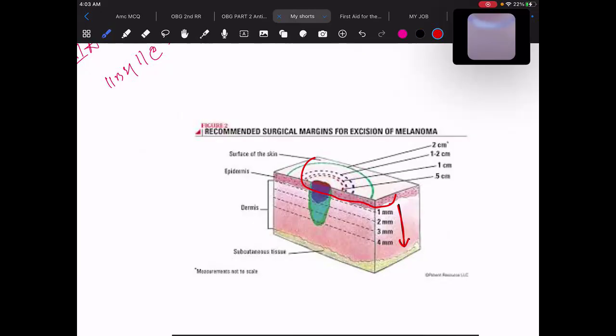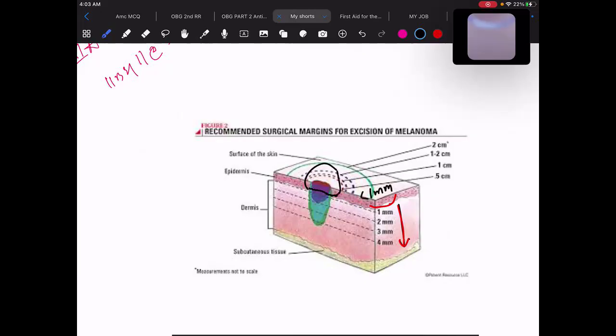Say for example the patient is having the melanoma and the depth is over here, okay, that means it is less than 1 mm of depth.